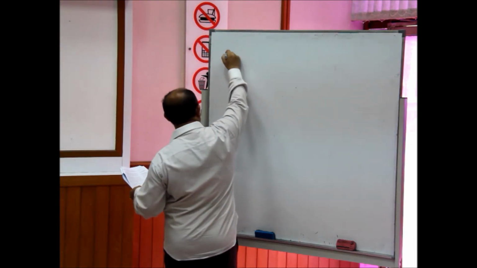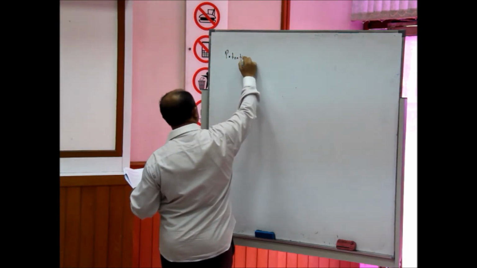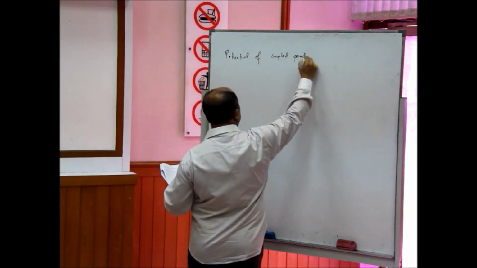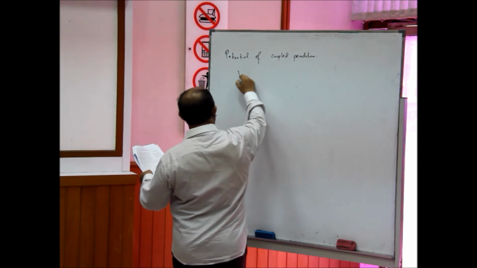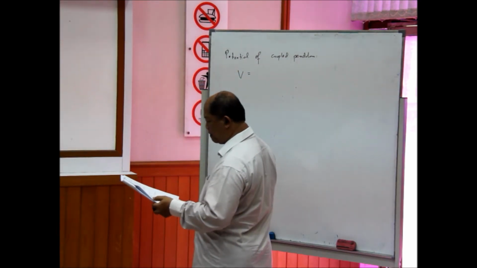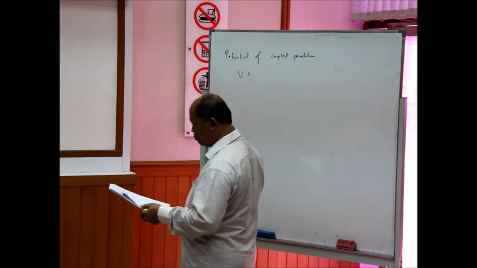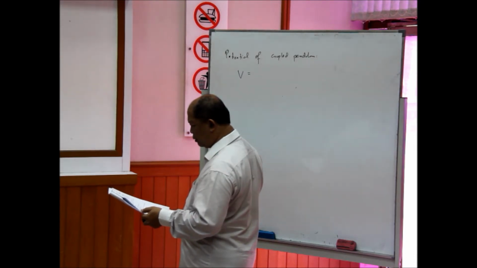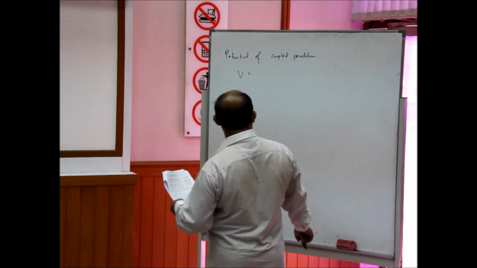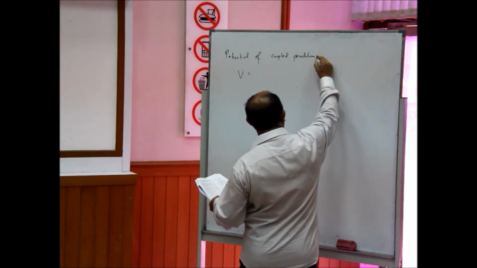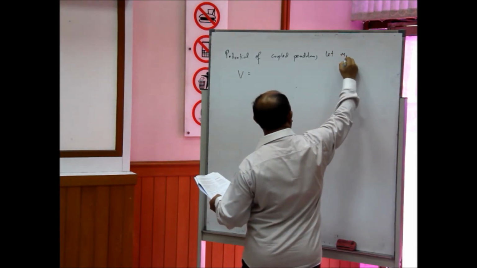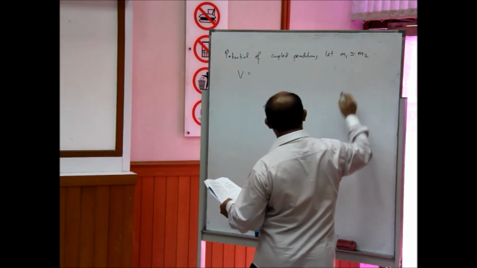Then the potential of a coupled pendulum can be written as, but here you have to make some assumption, which is probably not so correct. Let M1 be near to M2.